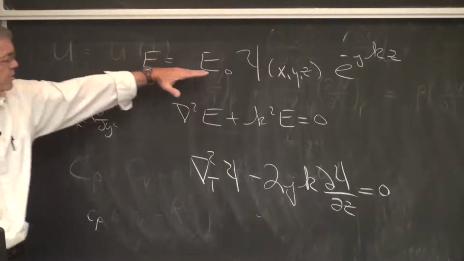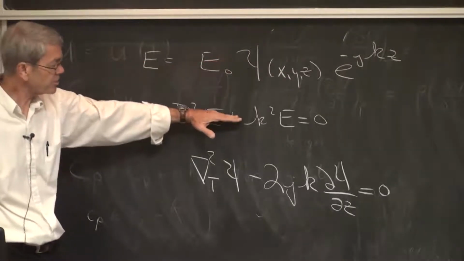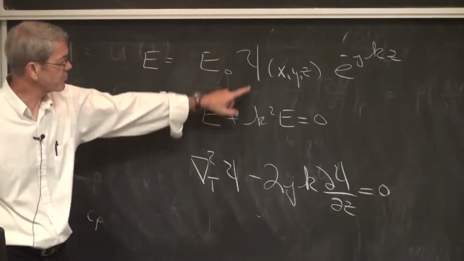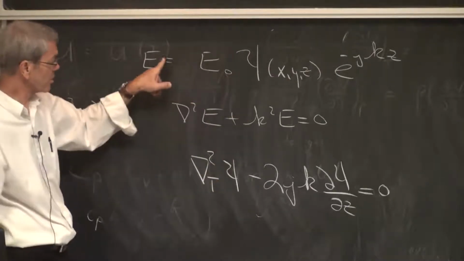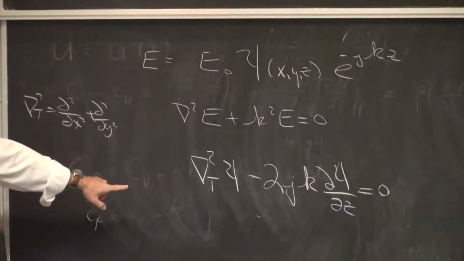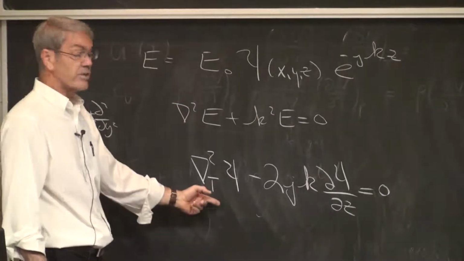So we started with something like this, plugged in the wave equation, and now we have a new equation. This is an equation for psi. It's no longer an equation for E, it's an equation for this crazy envelope. So now we have to solve that, and that's the goal of today.